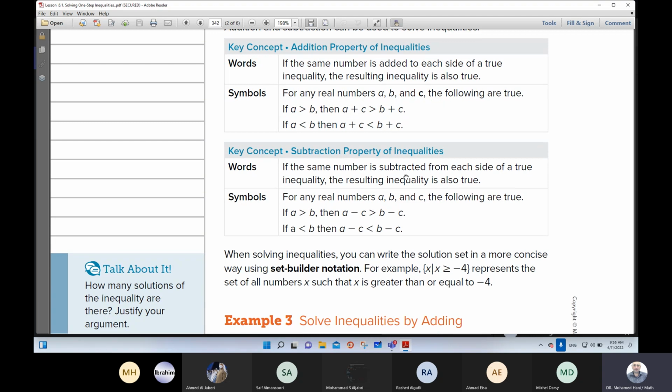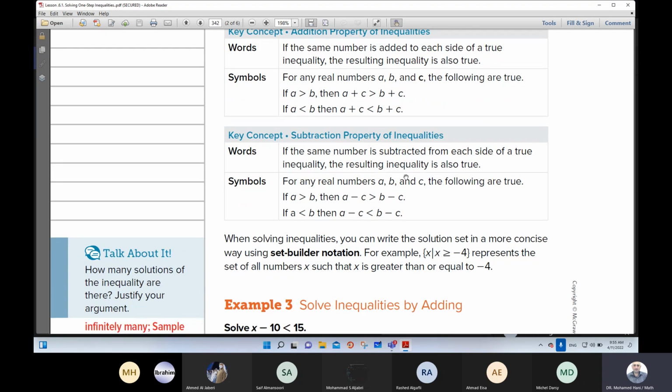And the same idea, the subtraction property of inequalities. The same number is subtracted from each side of a true inequality. The resulting inequality is also true. For any real numbers A, B, and C, the following are true.